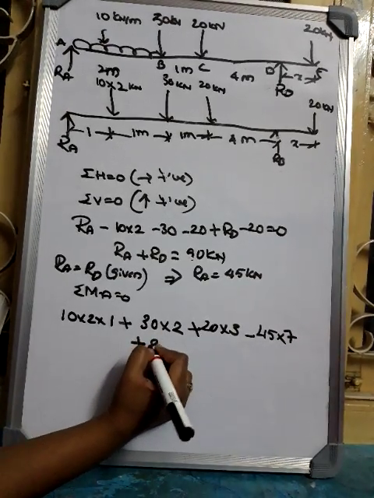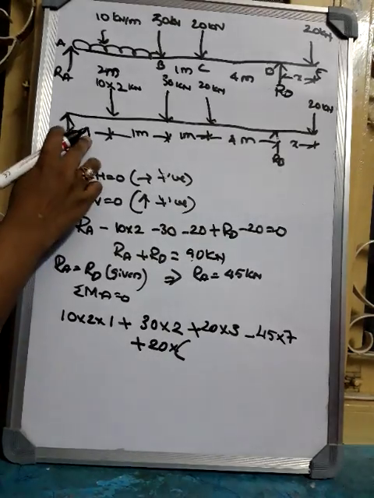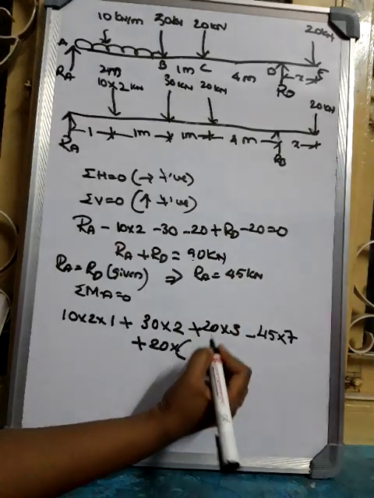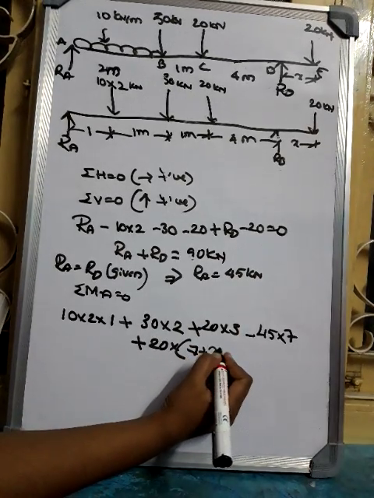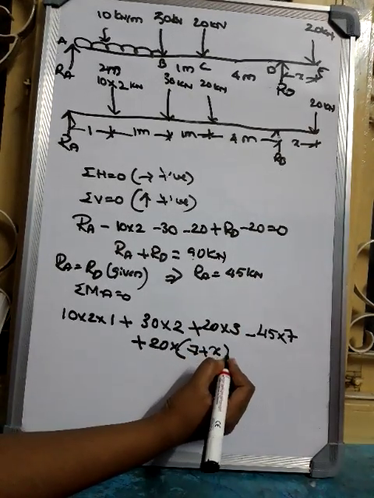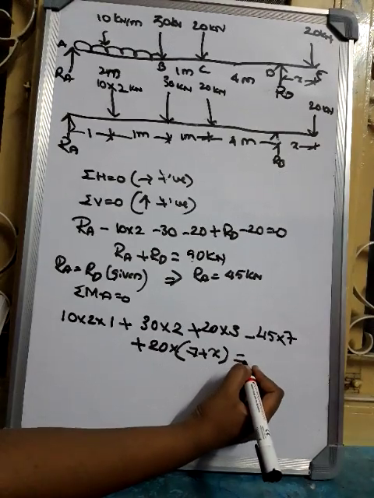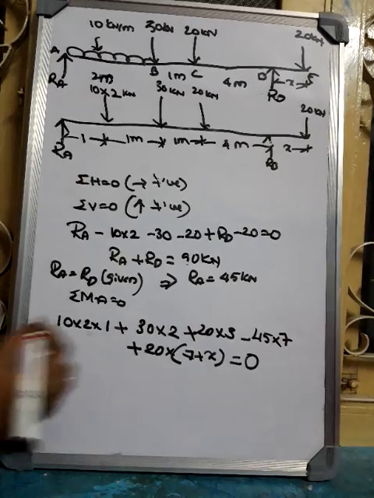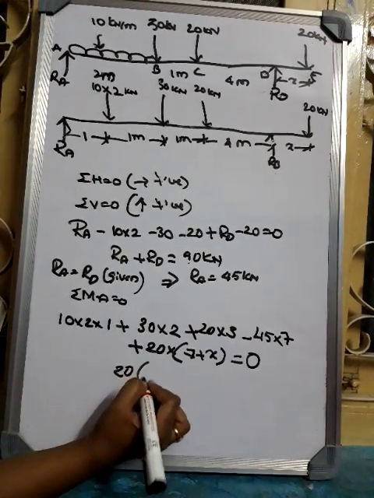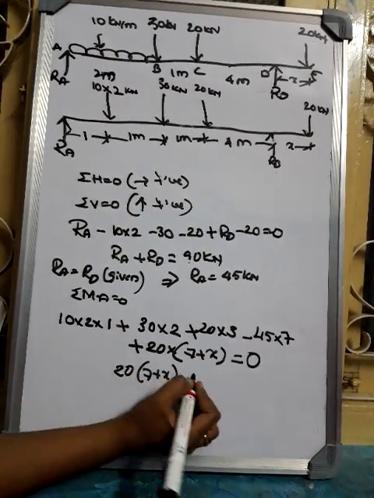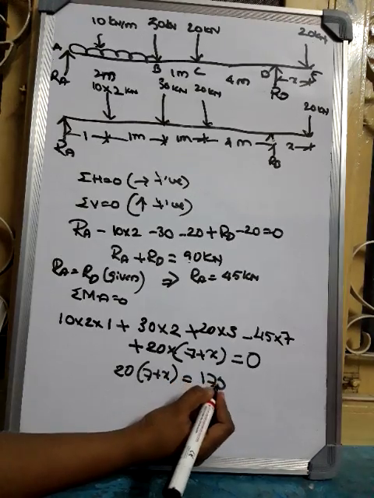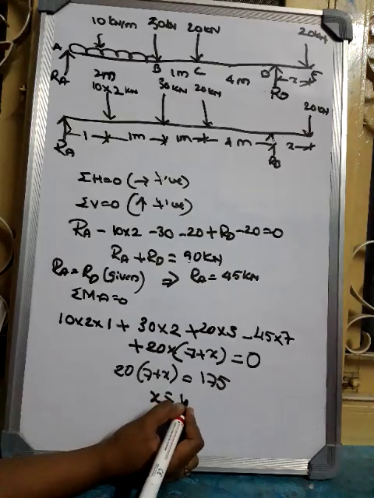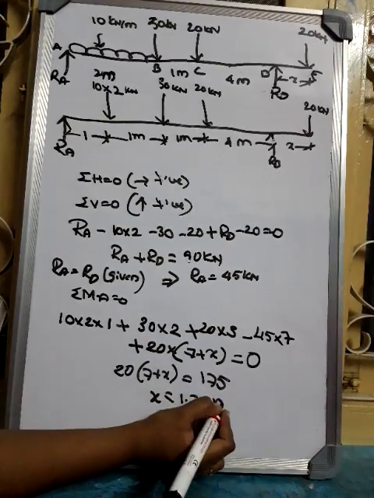Then plus 20 into 7 plus x, should be equal to 0. If you solve this particular equation, you will be getting 20 into 7 plus x would be equal to 175. So x is equal to 1.75 meter.